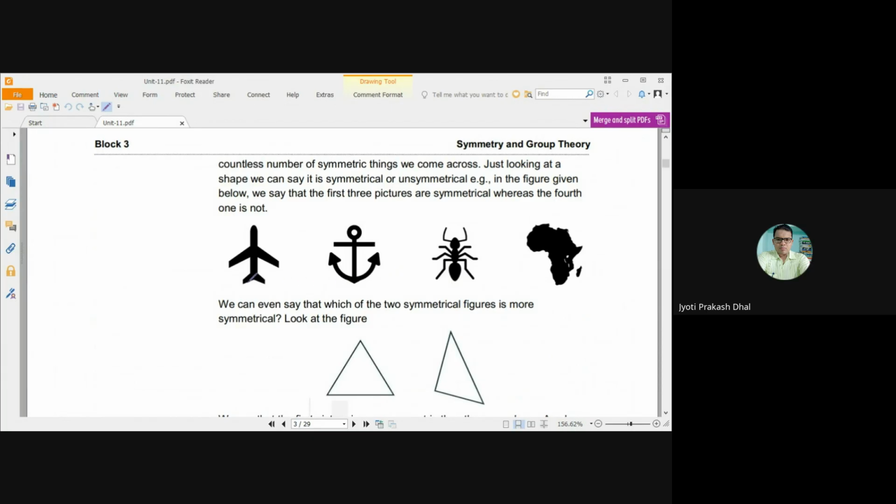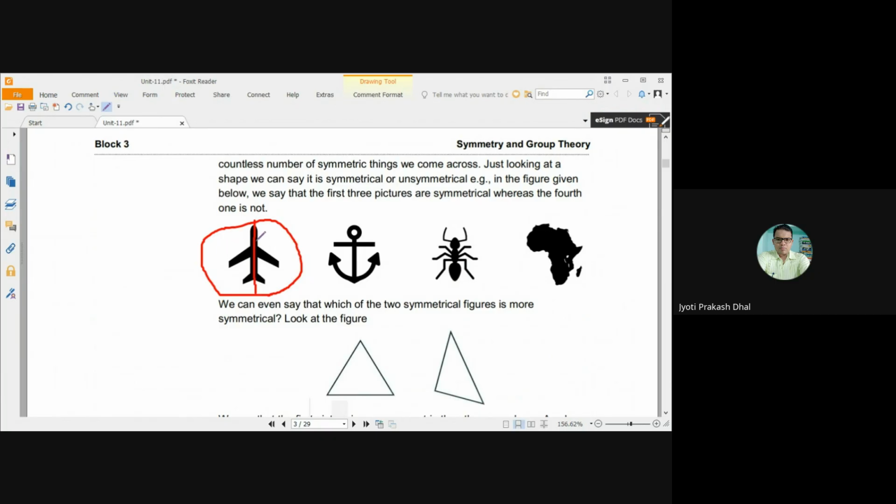Just look at a shape. So here you can see one picture. In the figure given below, the first three pictures are symmetrical, whereas the fourth one is not. Here the first one is symmetric. Why is that symmetric? If we draw a plane passing across the image like this, the left-hand side looks just like the right-hand side of the plane.